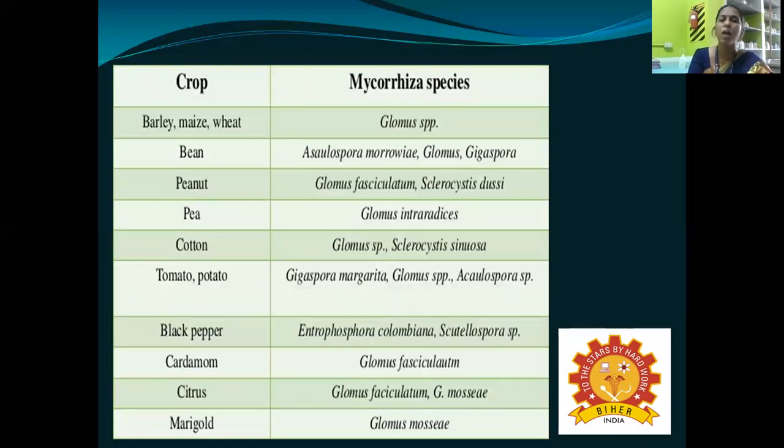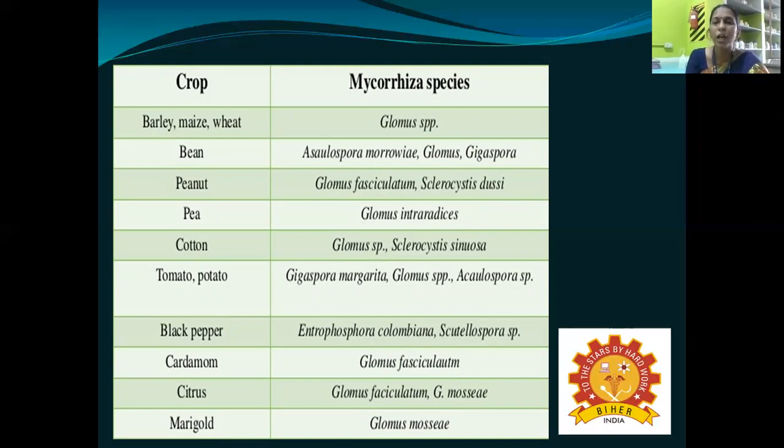So what are the crops which can be used for this? Different mycorrhizal species are used for different crops. For barley, maize, and wheat, we have taken Glomus. And AM means arbuscular mycorrhizae: Glomus and Gigaspora. And for peanut, Glomus fasciculatum and Acaulospora. For pea plant, Glomus intraradices, and for cotton, Glomus species and Sclerocystis sinuosa.